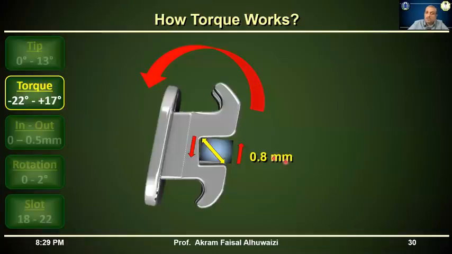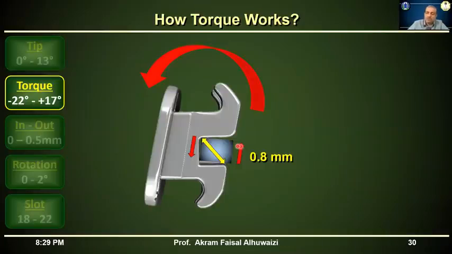Whereas here, the diagonal length of the slot is the length of the arm, which doesn't exceed 0.8 millimeters in an 022 bracket. So this is about 5 times or more smaller than the width of the bracket. So to generate the same amount of momentum, you'll need a lot more force to torque a tooth. You'll need about 5 or more times the force to torque a tooth than to tip a tooth.